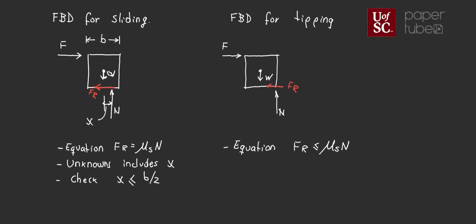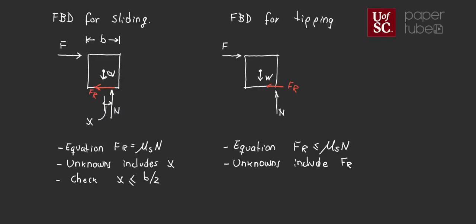All right, so the unknowns to solve for with our equations of equilibrium include that friction force. By the way, the friction force is also an unknown in the case of sliding, right?